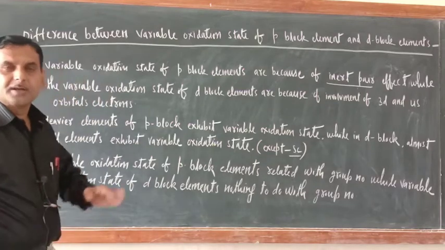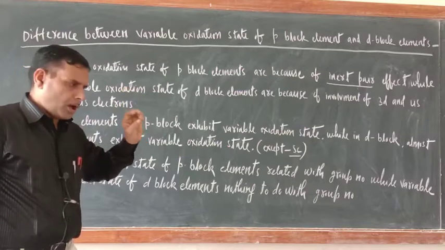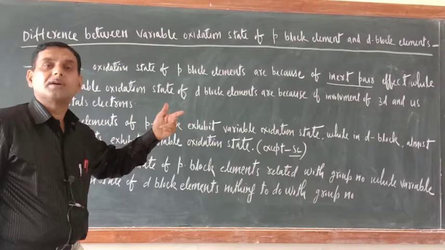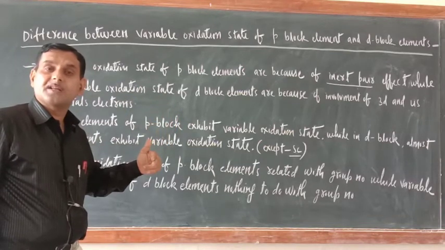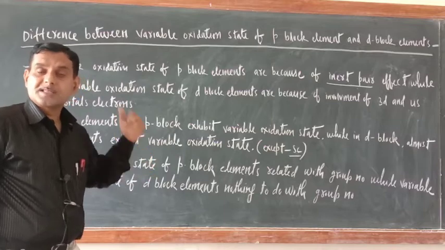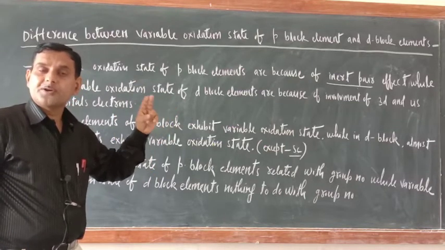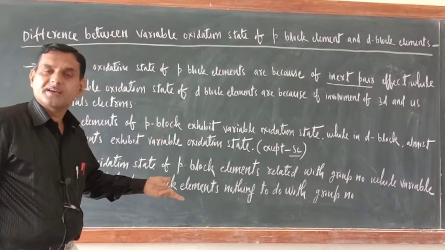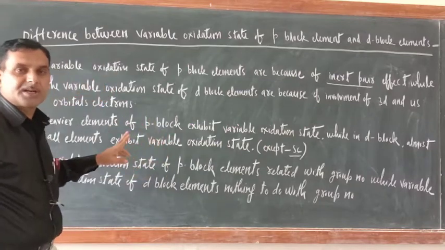Means instead of +4 they exhibit +2. Similarly, in the 15th group the oxidation state is +5, and they exhibit 2 less, that is +3.